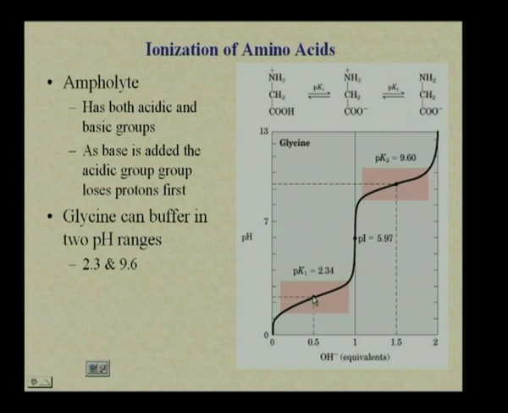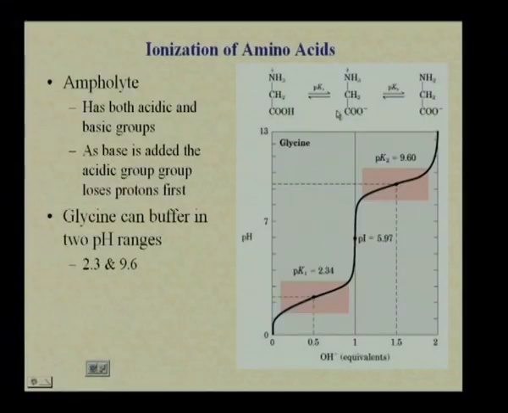So, the pK1 value, as it is called, is 2.34. What does this mean? It means that at this point I have equal amount of the carboxylic acid anion, the COO minus, and the COOH. Now, what I am doing, it is now in its zwitterionic form.